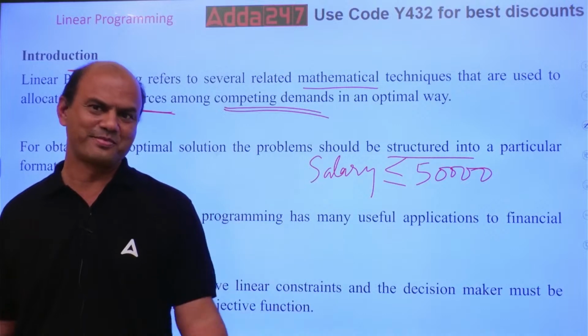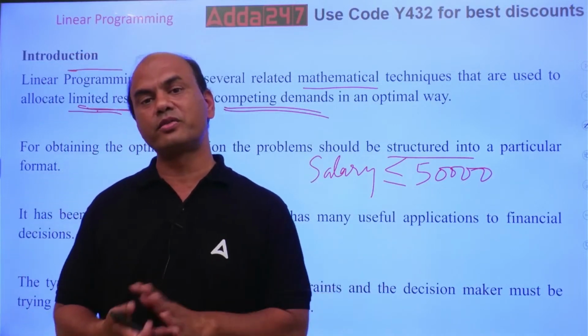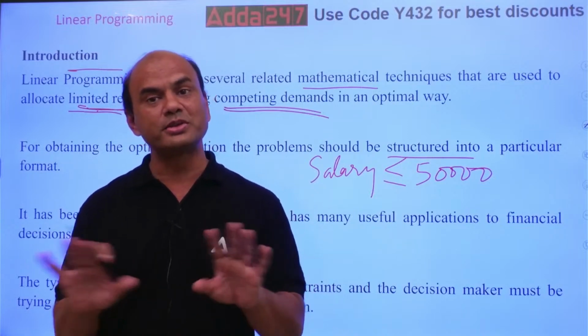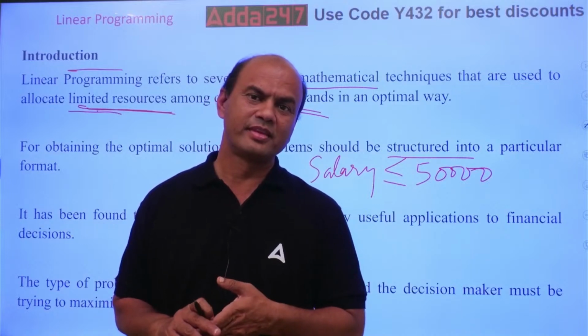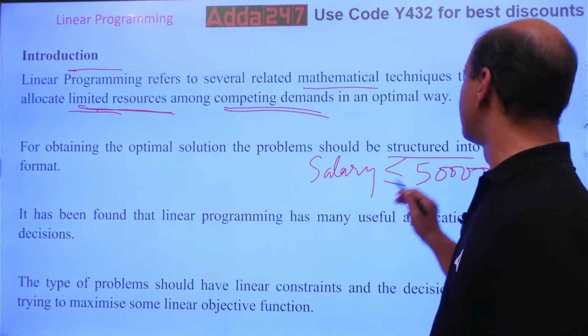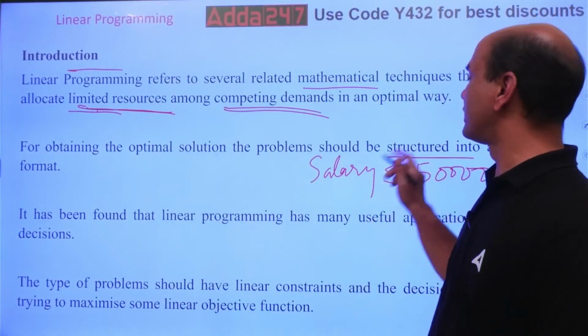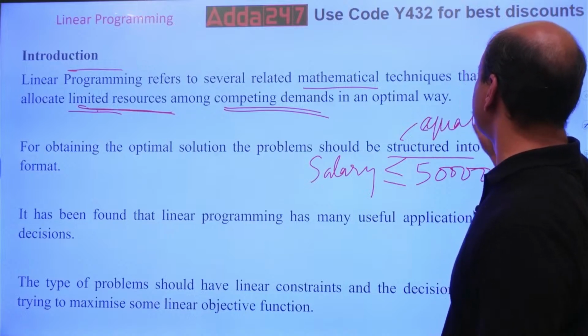Anything which cannot be converted into equations cannot be solved under LPP. Simple. So move on. Should be structured. Structured means converted to equations. I need to convert this to equations.